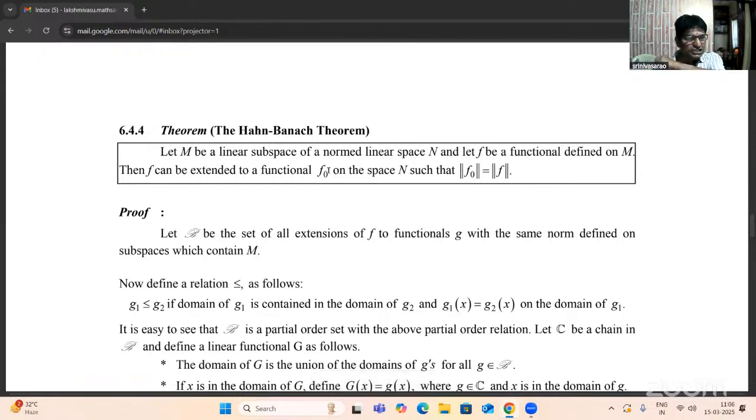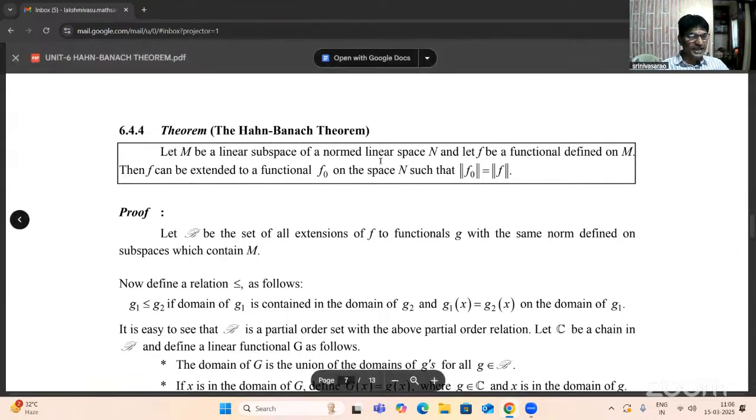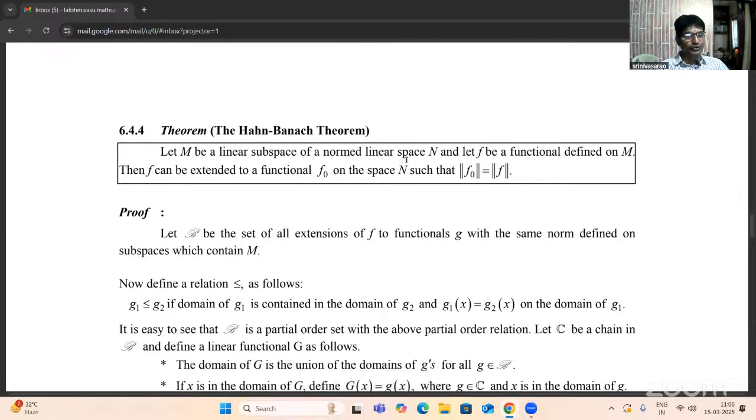Now, f naught is also on the space capital N. The image of the normed linear space is capital N. So f is defined from M to N, and f naught is the extended linear functional from M to N.